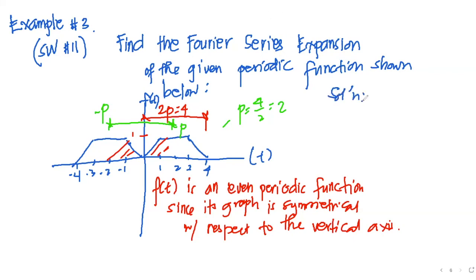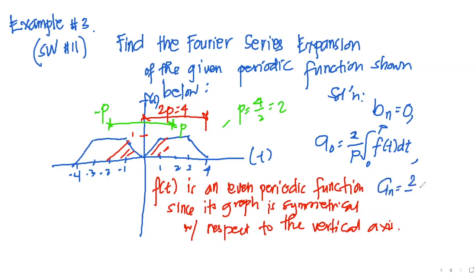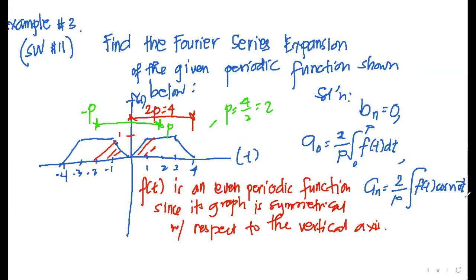And what is that? So b sub n is equal to 0. So in here, you are to solve for a sub 0 and a sub n. So the formula to use is 2 over p times the integral of f of t dt with limits from 0 to p, 1/2 of the period. The same with a sub n, but you have a cosine function in your integrand.